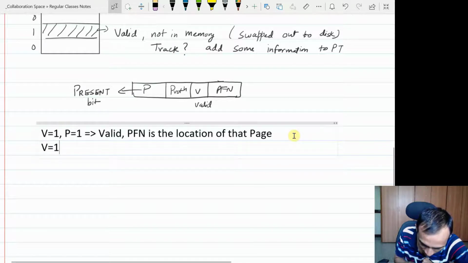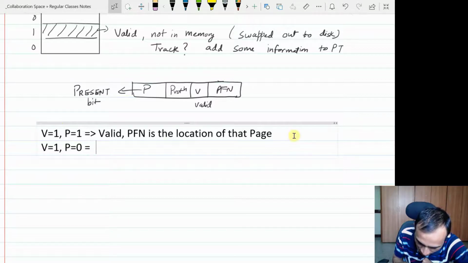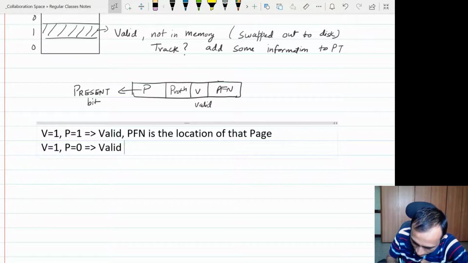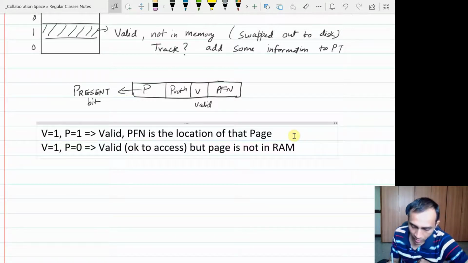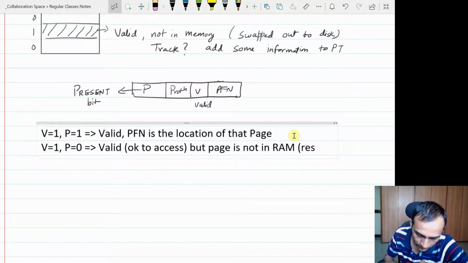But in case your present bit is 0, while the valid bit is 1, it is a valid page, meaning it's okay to access that page, but the page is not in the RAM. It is somewhere on disk.